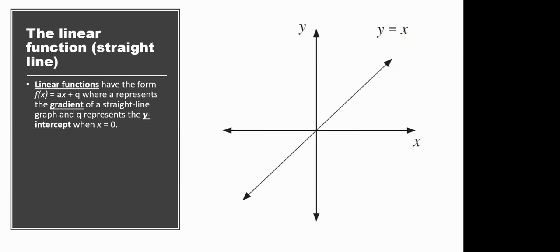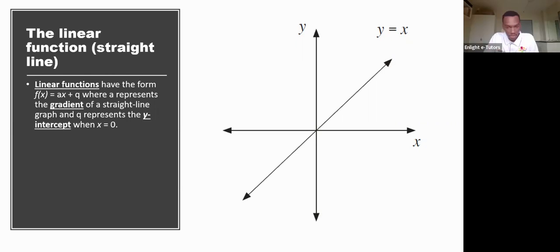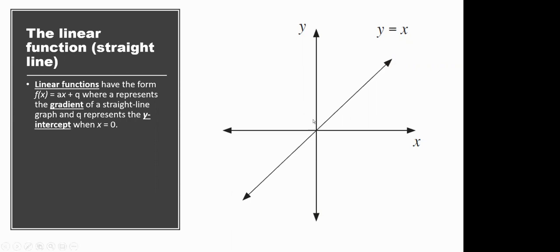And for when y is 0, it's when your graph cuts the x-axis. You understand? Here they cut at the origin, so both coordinates are (0, 0).